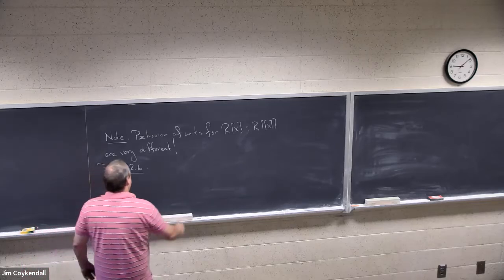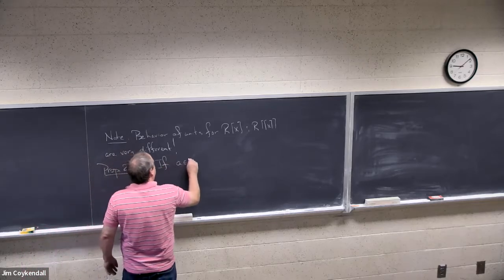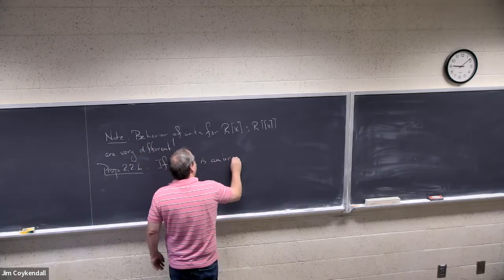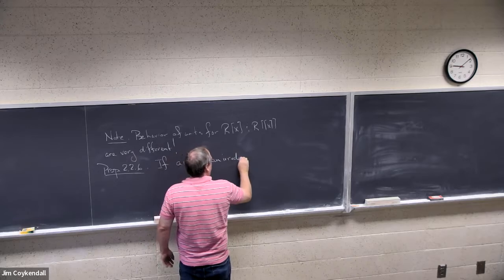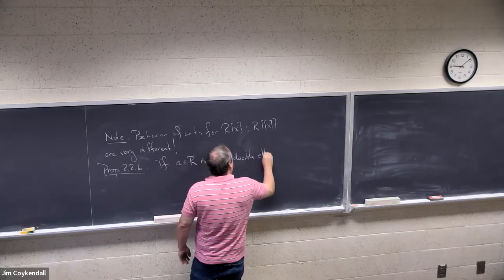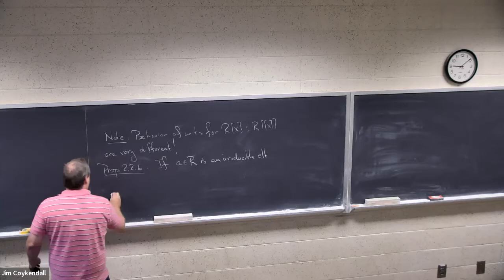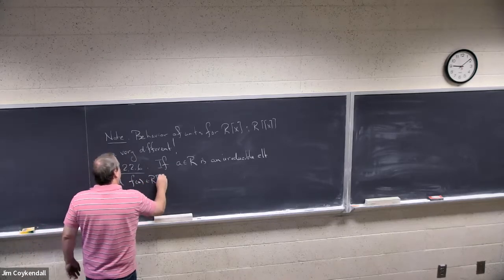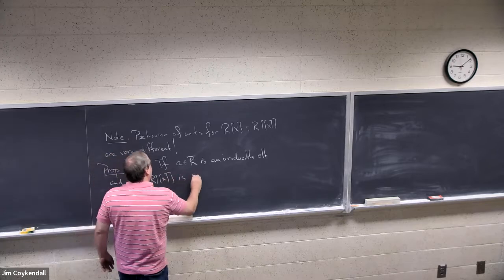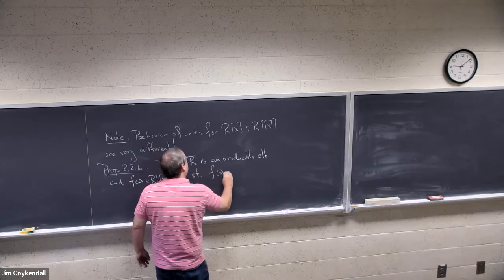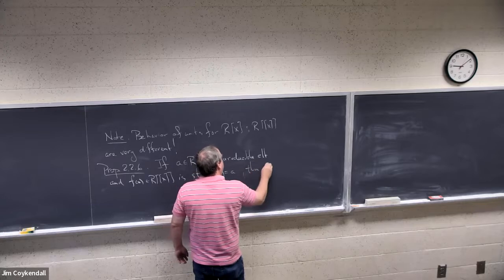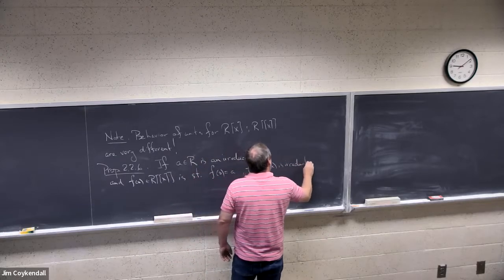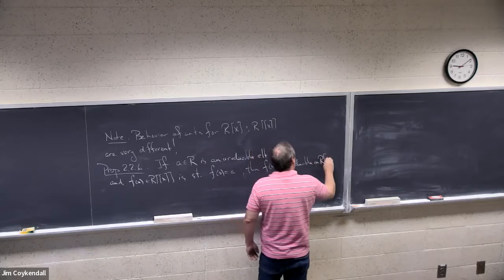If a in R is an irreducible element and f(x) in R[[x]] is such that f(0) equals a, then f(x) is irreducible in R[[x]].